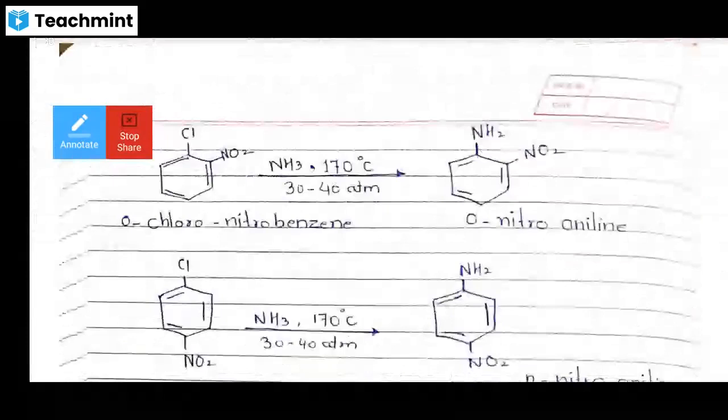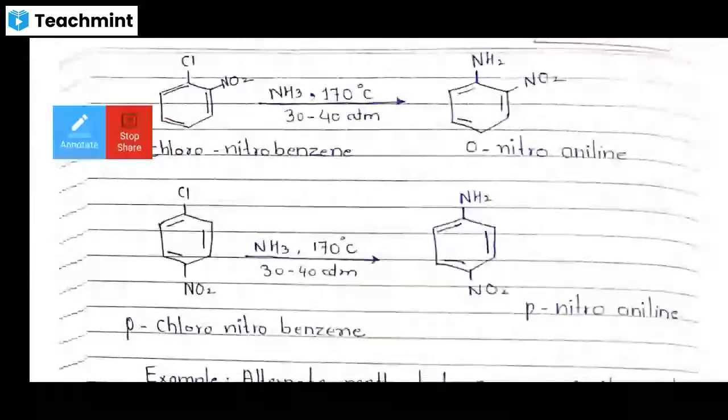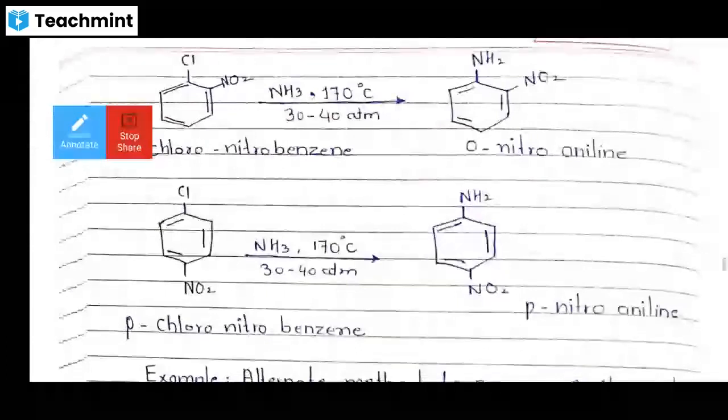This is a replacement reaction, and the temperature of 170 degrees centigrade and the atmospheric pressure are required in these reactions. On the conversion of orthochloronitrobenzene we get orthonitroaniline as the product. In the para position, we can replace the halogen atom by using NH3. So we will get para nitroaniline as the product.